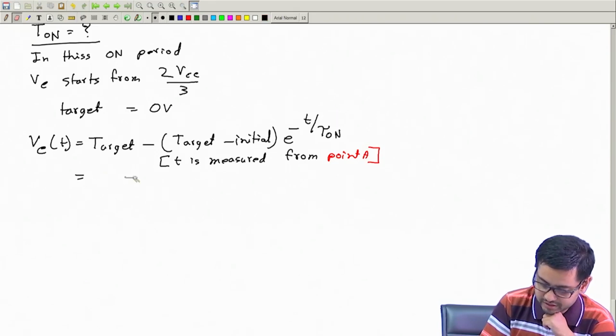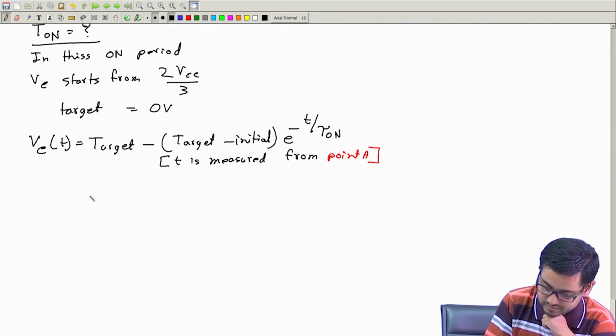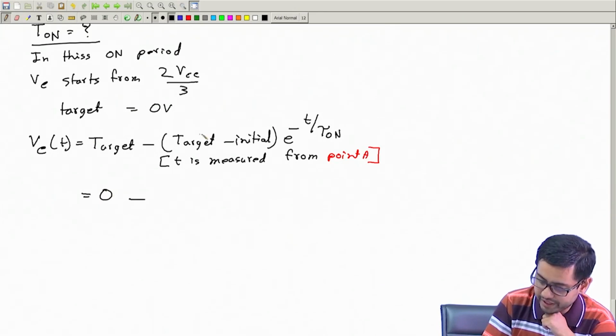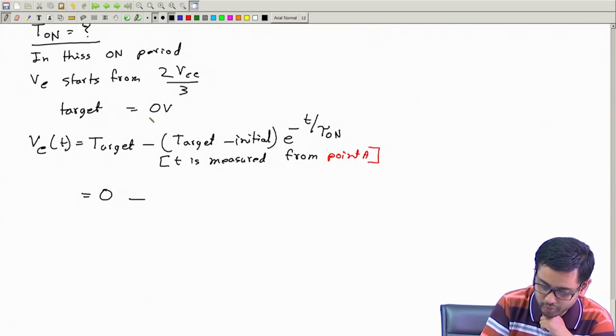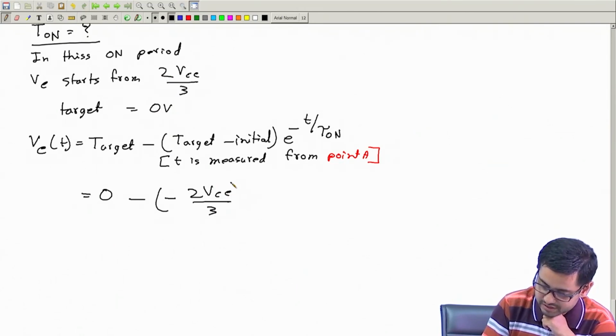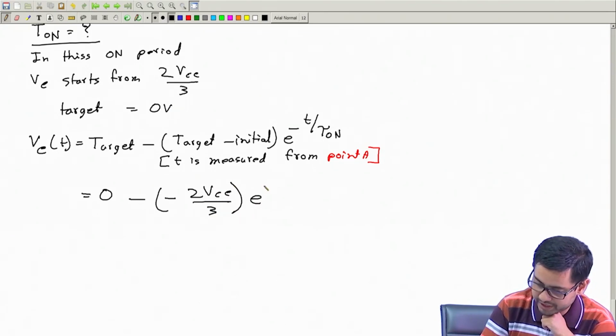Okay. So then 0 minus, target minus initial, is how much? 0 minus 2, so this will be again minus 2 VCC by 3 e to the power minus t by tau on.